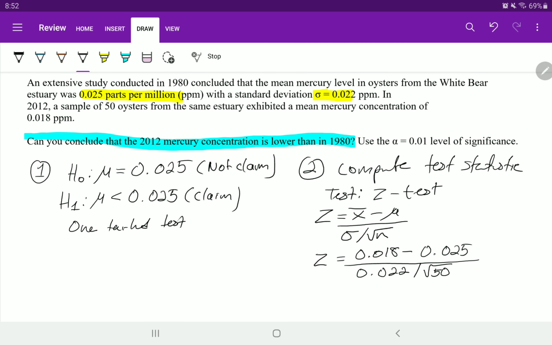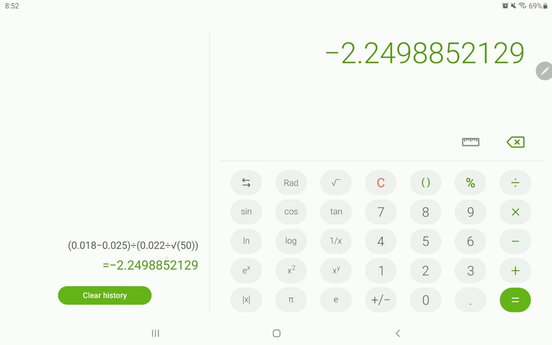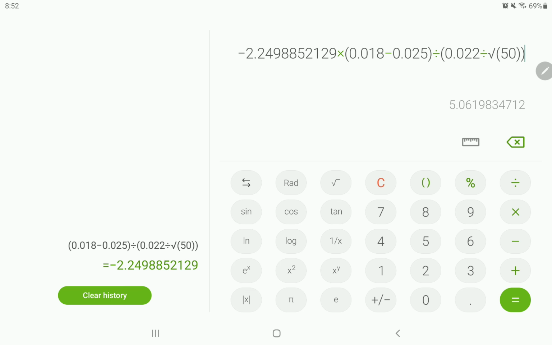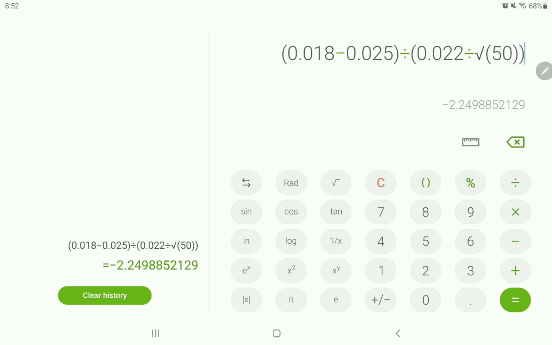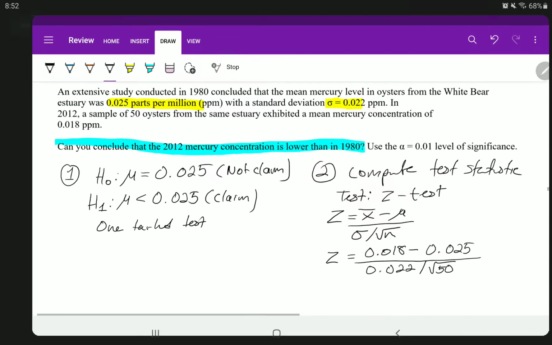When we calculate this in our calculator, that equals negative 2.25 when I round to two numbers after the decimal.